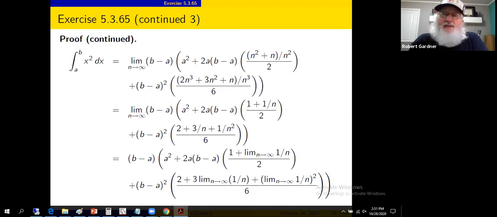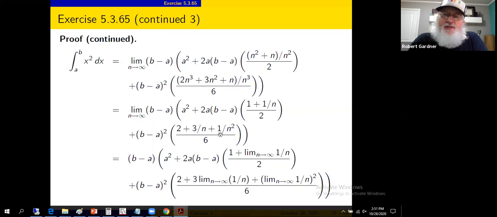Okay, everything's a constant except for these things with the n's in them. So use your properties of limits, ultimately, to get the limit on the 1 over n terms. Everything else is constant. We get a limit as n approaches infinity of 1 over n from that one. We get a 3 times the limit of 1 over n as n approaches infinity there. Let me bring the 3 out front.